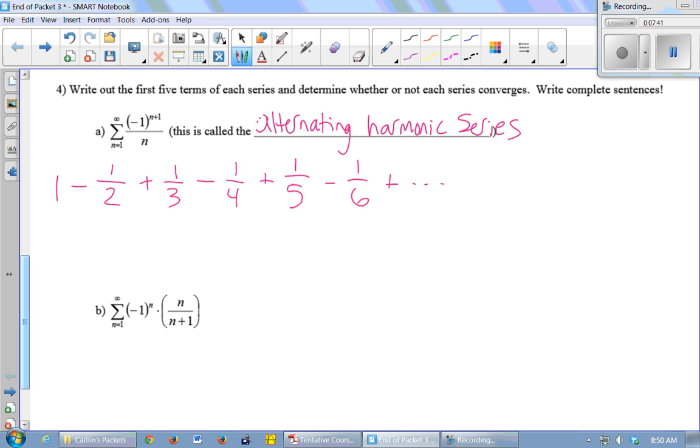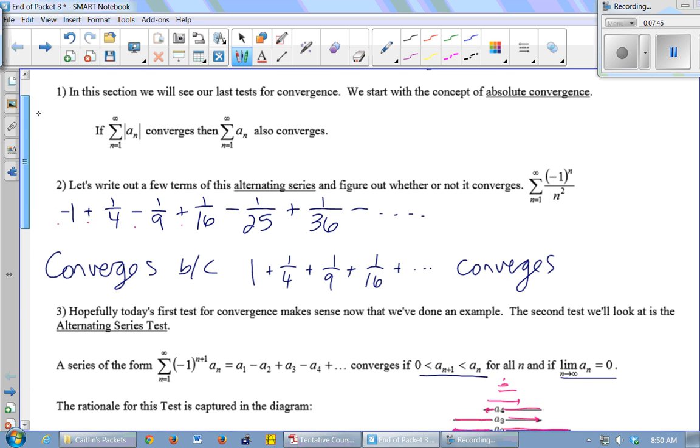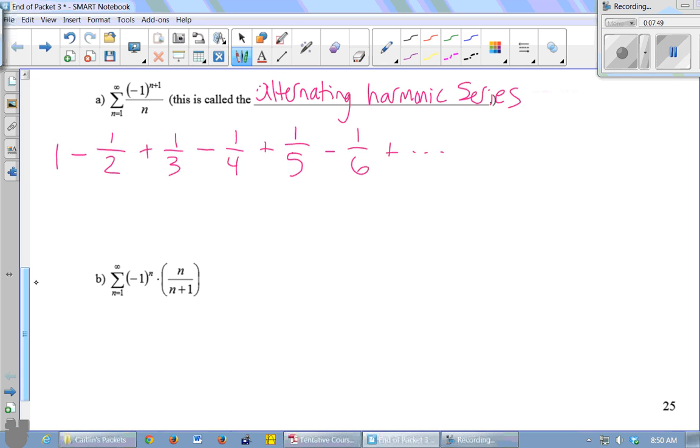So we could try our first test, right? We could look at our first test and say, well, let's look at the absolute value of the terms. So I would say 1 plus a half plus a third plus a fourth plus a fifth plus a sixth. If that converges, so does this. Does that converge?